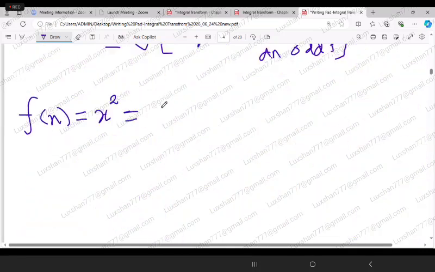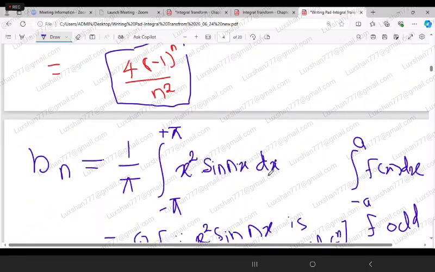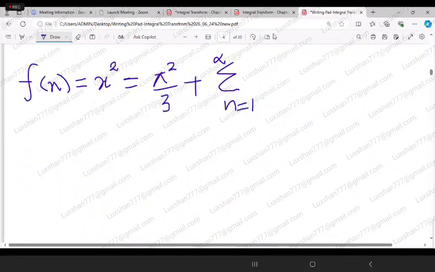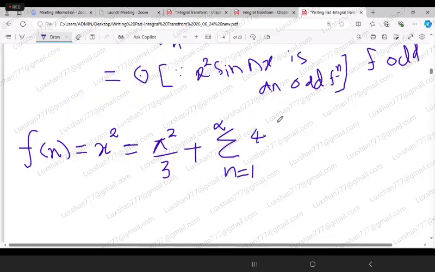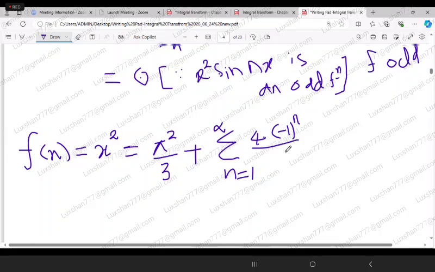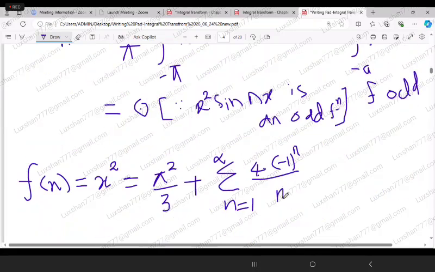Pi squared by 3 plus summation n equal 1 up to infinity. My an is equal to 4 times minus 1 to the power n over n squared, into cos n pi x over L. My L is equal to pi, therefore I will get nx.